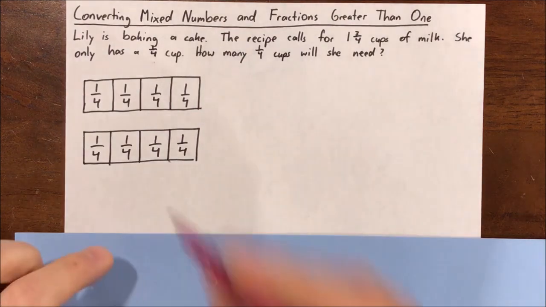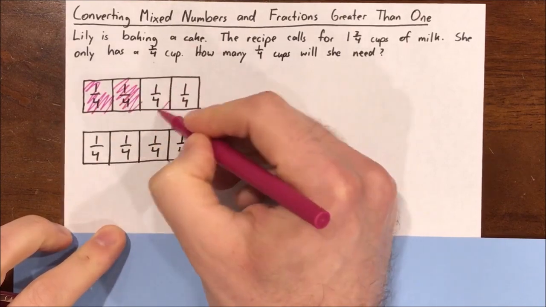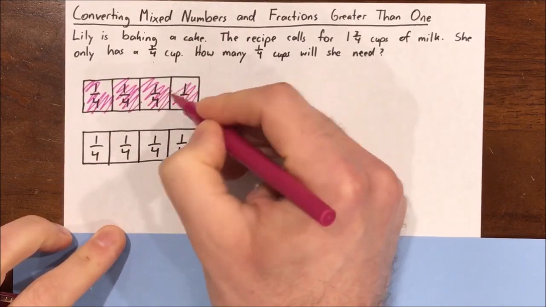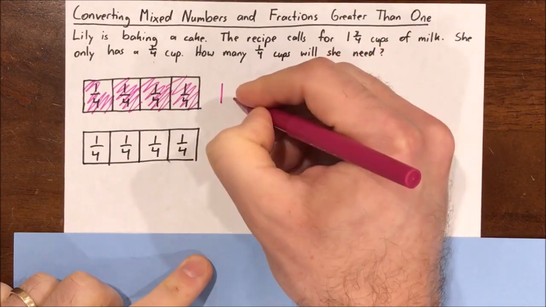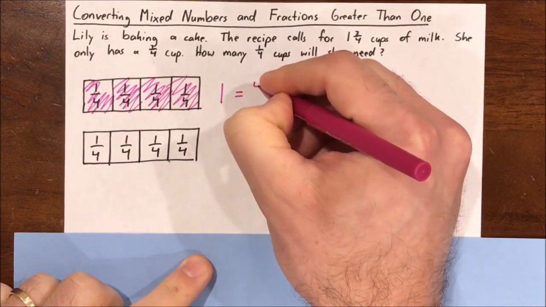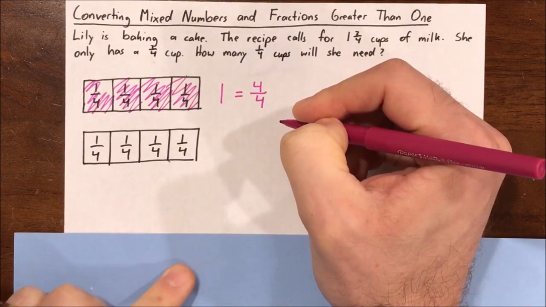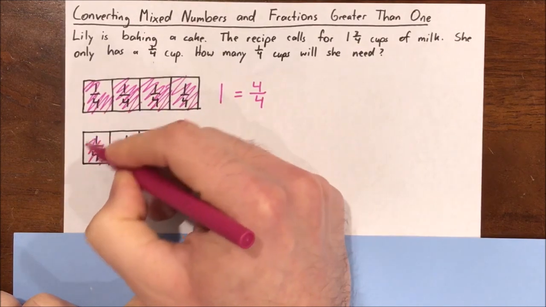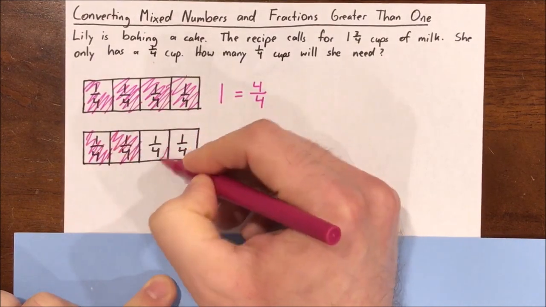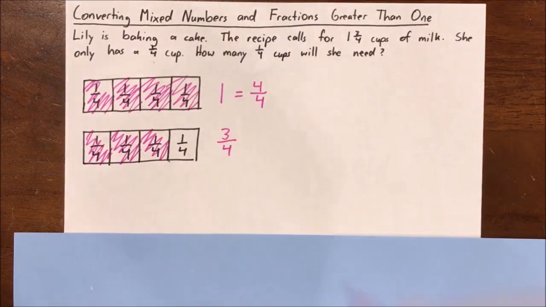I'm going to shade all 4 parts on the first hole because 1 is equal to 4/4. Then I'm going to shade 3 out of 4 on the second hole to represent my additional 3/4.